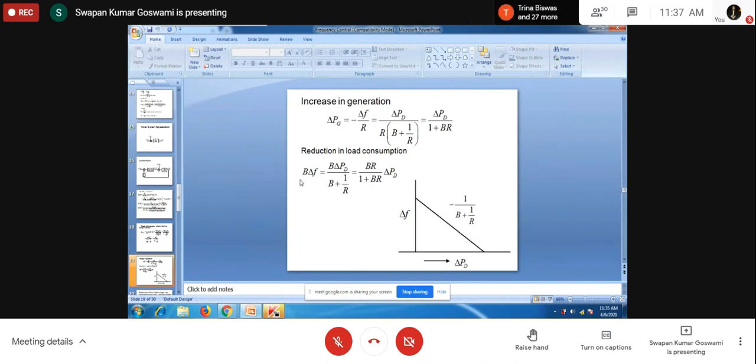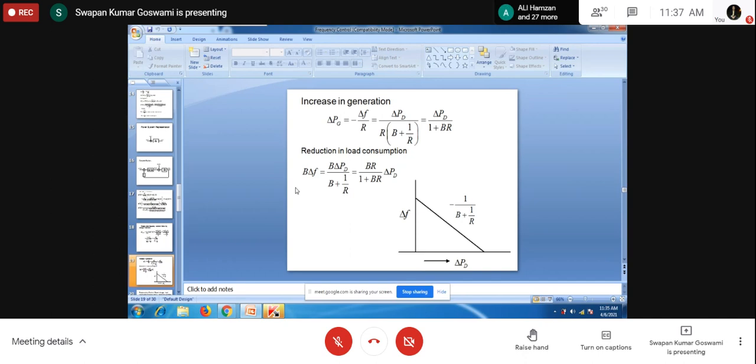So this frequency sensitivity of the load is therefore called the load damping. Why is it load damping? Because the loads are acting as a damper to the change in frequency. How? Because if the load is not sensitive to frequency, the frequency would have fallen by a much larger value.